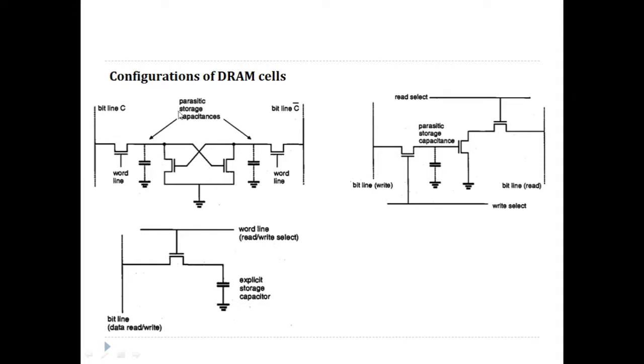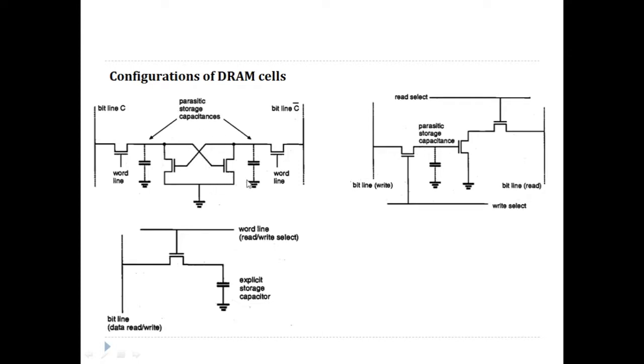Instead of the inverter load devices, there is a cross-coupled connection of the transistors. It gives us a very minor advantage in terms of area over a 6T SRAM cell. Hence, this was never widely used in the practical implementation of the DRAM cell.